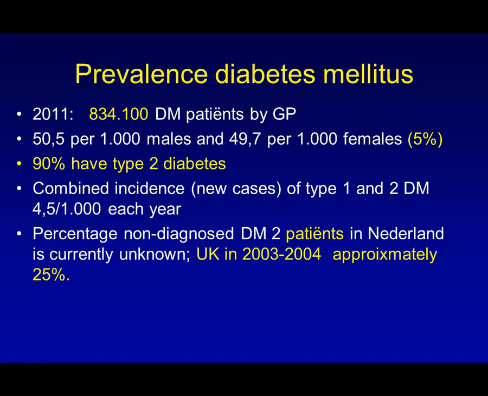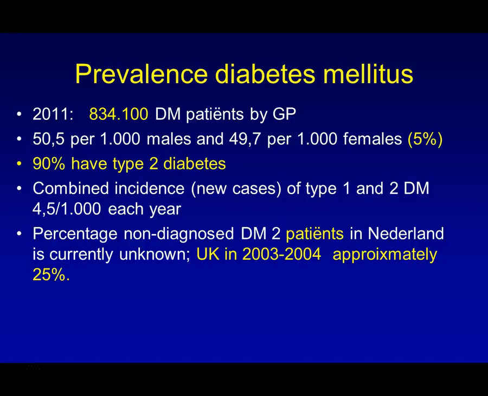Diabetes is a highly prevalent disease or condition. In the Netherlands we have about 800,000 patients with diabetes. 90% of them have type 2 diabetes. The prevalence is about 5%. Each year, the newly diagnosed subjects with type 1 and type 2 diabetes is about 4.5 per 1,000 subjects a year.